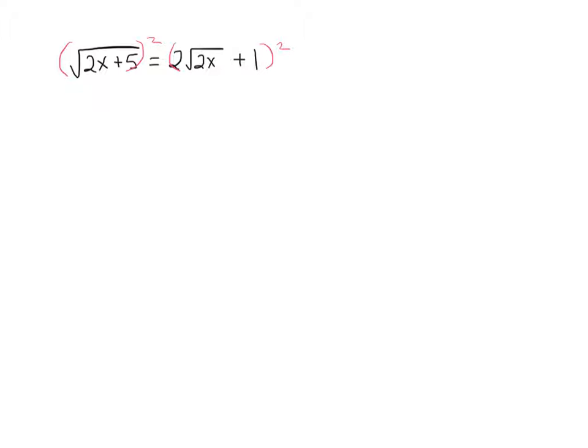When I square the left, I just get 2x plus 5. But what happens when I square the right side of that? Here's what you need to think about.